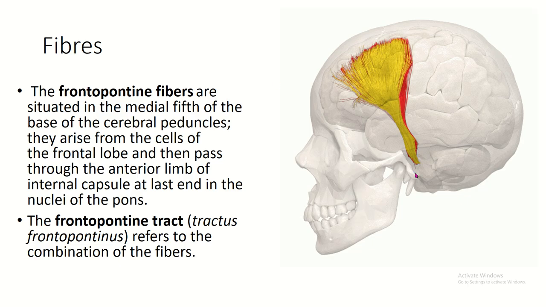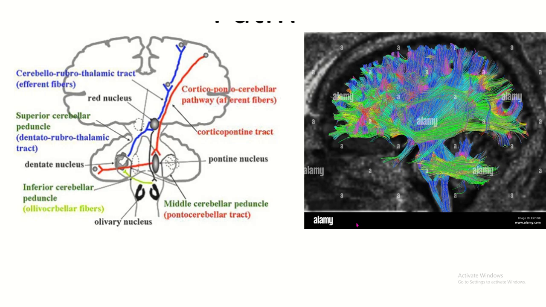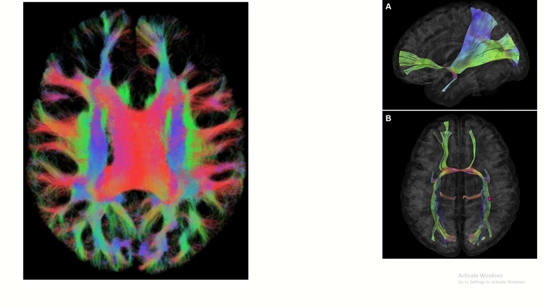So this is the frontopontine fiber. Showing the other fibers within the cerebrum, they are all groups of axons. This is the commissural fiber, connecting the same lobe of both cerebral hemispheres.